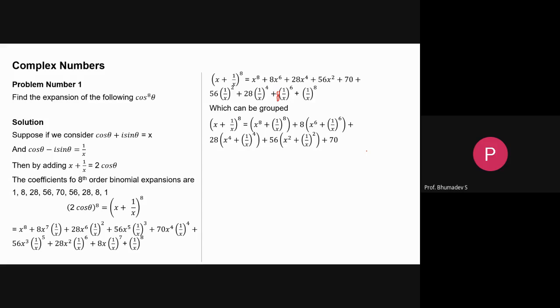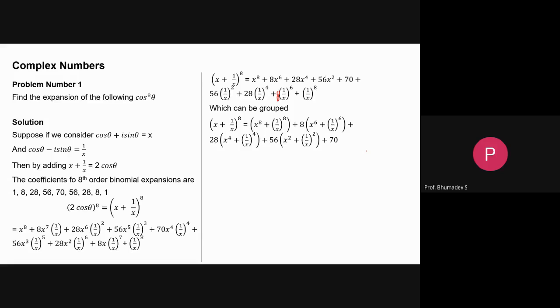For the third term, 28 is common, which is 28 into x to the power of 4 plus 1 upon x to the power of 4. Then in the next term, 56 is a common coefficient, which is 56 into x square plus 1 upon x the whole square, plus 70. In this way, we have to conclude the terms in a grouped way.